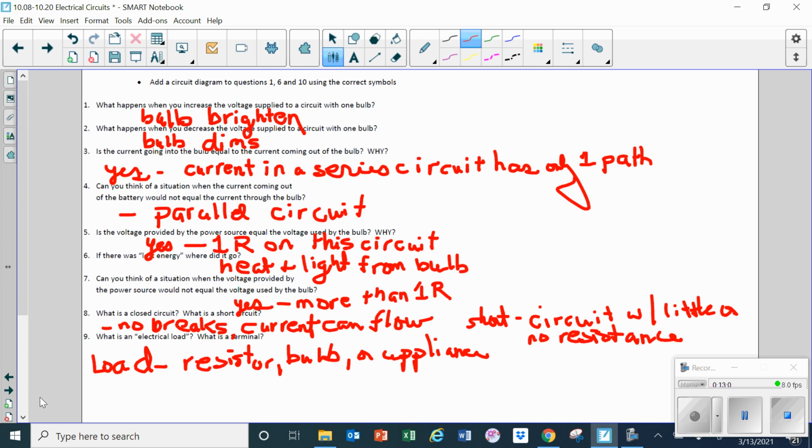What's the terminal? Well, the terminals are the battery attachments to the circuit, and the battery has a positive and negative electrical contact on the battery.